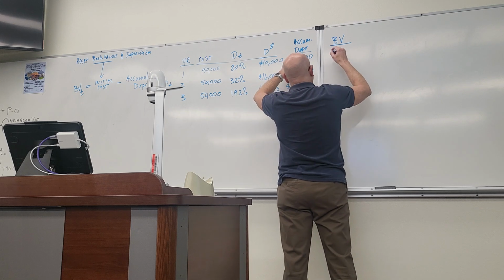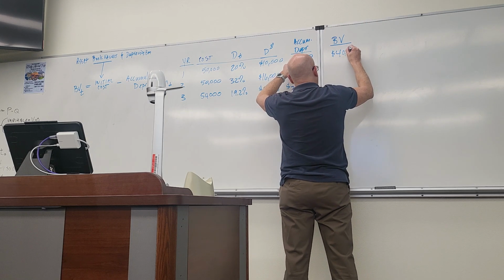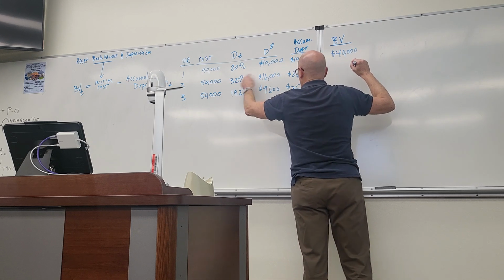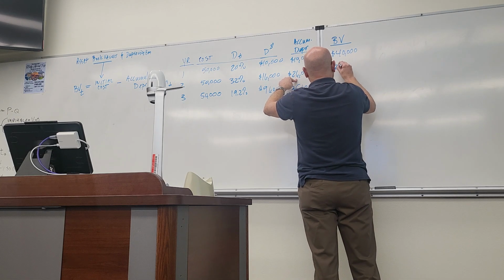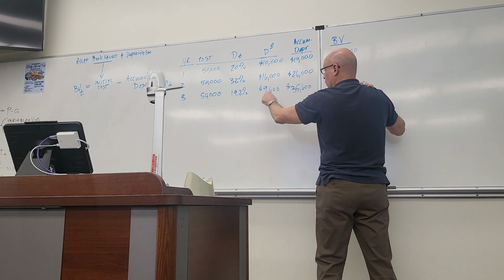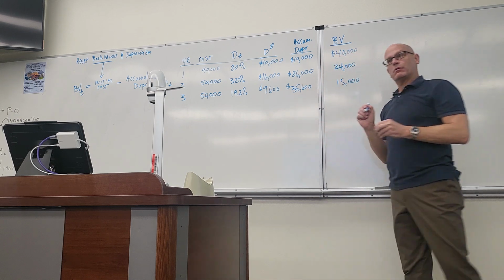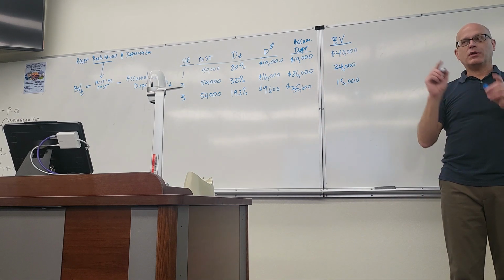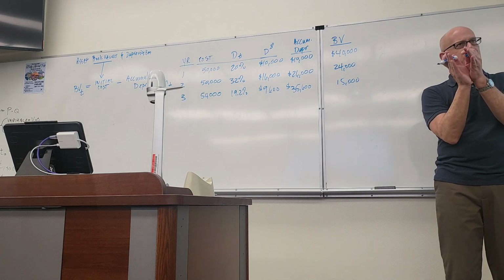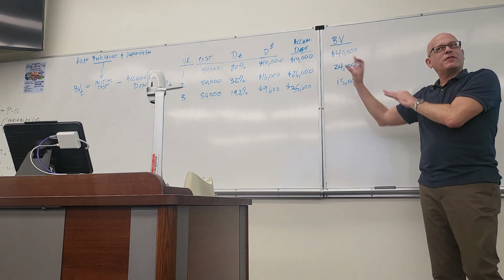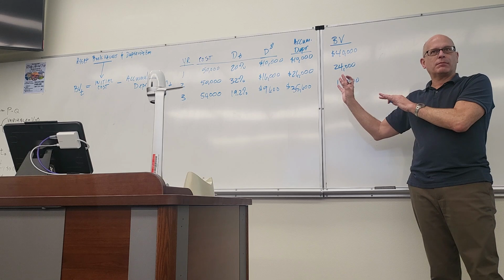So 50 less 10 is going to be 40 grand here. 50 less 26 is going to be 24,000 in year 2, and then it's going to be 15,000 in year 3. We're going to use that. It's going to be a very small piece of our analysis, but it's going to be the thing that's going to be the busiest amount of work to get there, okay?